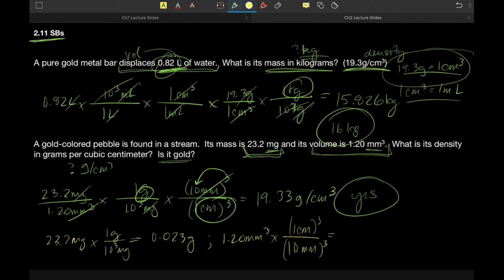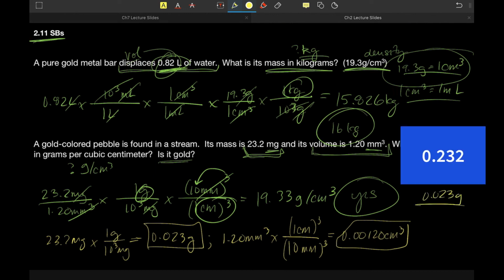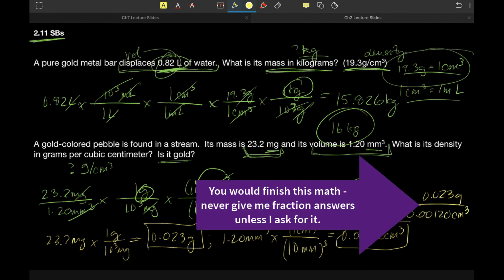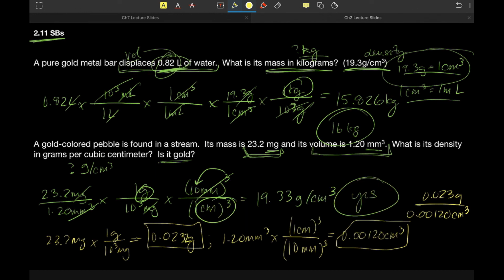And then that gets 3 places smaller. So 1, 2, 1, 2, 0 centimeters cubed. And then I would just take mass over my volume and come up with my density. So as my last step, 0.023 grams over 0.00120 centimeters cubed. And either way, I come up with something that should be about right. Does that make sense? All right, so that's it for chapter 2.